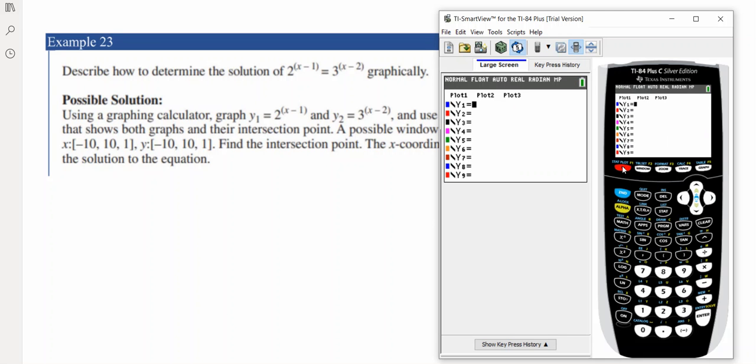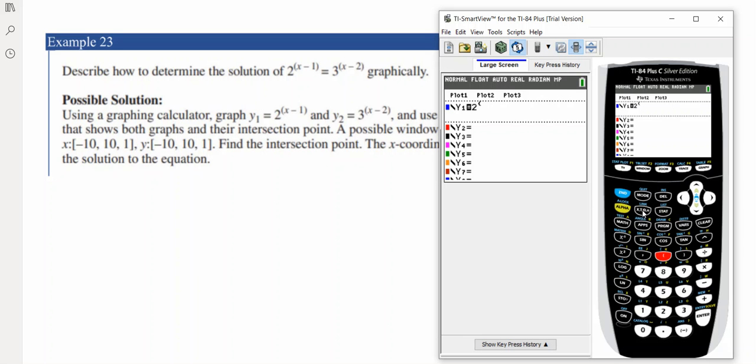All right, so back to y1. And then I'm just going to type each one in individually, right? So 2 to the power of x minus 1, so that's going to be 2. And then to the power of is going to be your little hat, right? So 2 to the power of. And then you can just write it all up here now as x minus 1, or just to make sure, we can put it in brackets too, just like it's written.